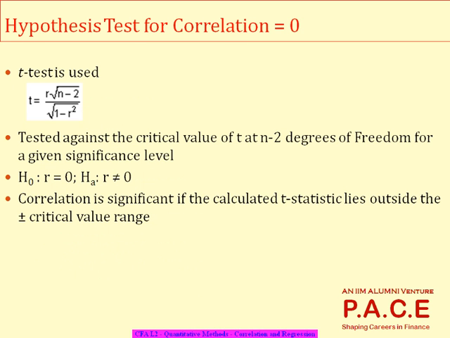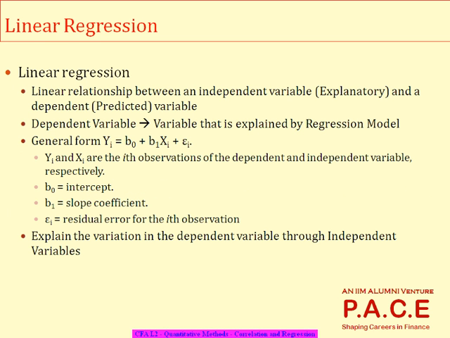So this is the test which we are using for testing whether the correlation is equal to 0 or not. Then once we know that some relationship exists, we are trying to predict.